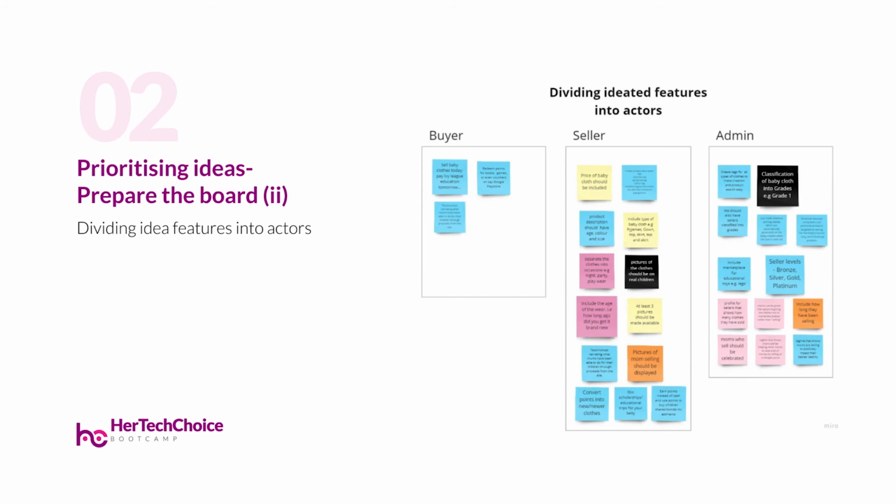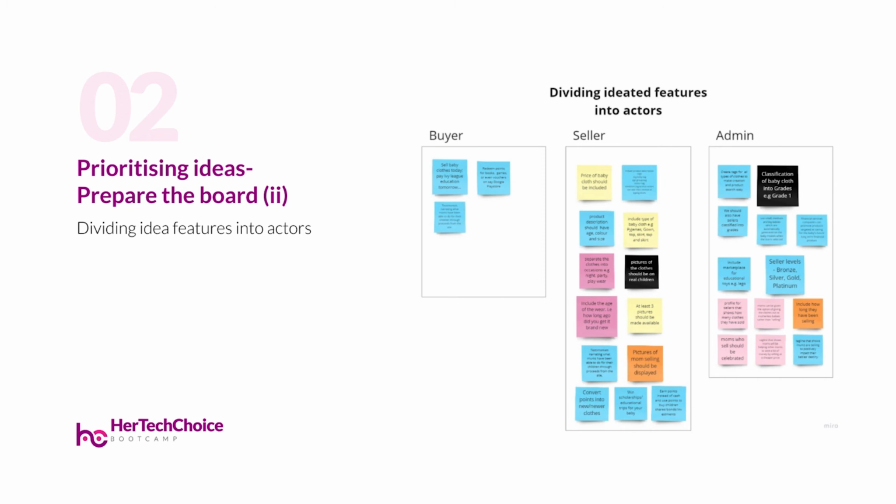For the buyer features, what features will the buyer need, which is buying of the baby's clothes and redeeming points for sales, then testimonials, right? Then the seller will be able to put the price of the clothes he wants to sell, put pictures of the clothes he wants to sell, then separate clothes based on their occasions, maybe it's night wear or a gown or all of that.